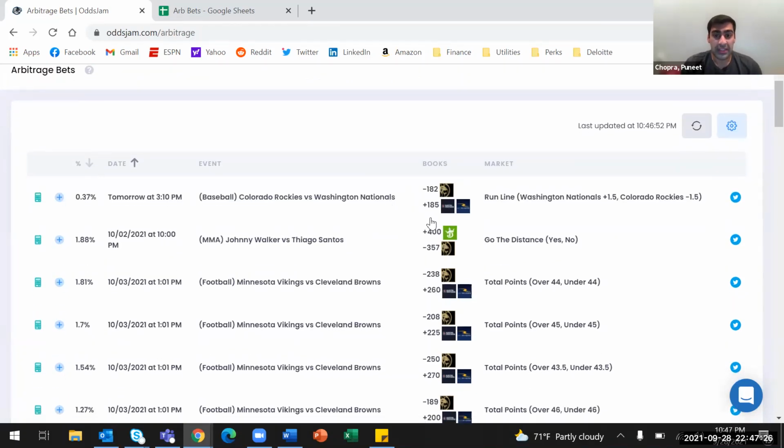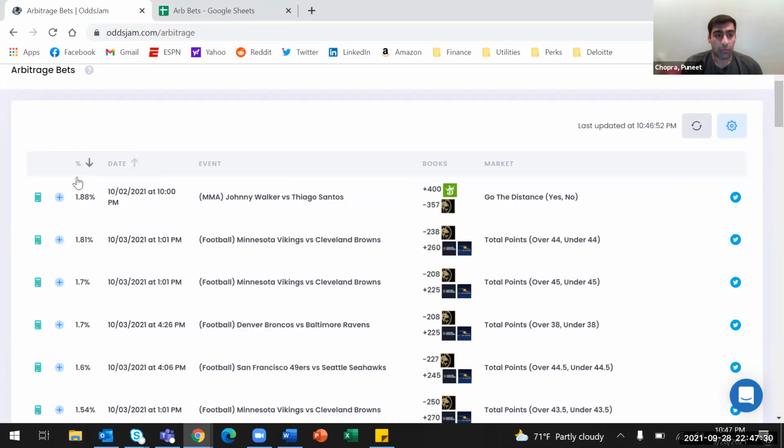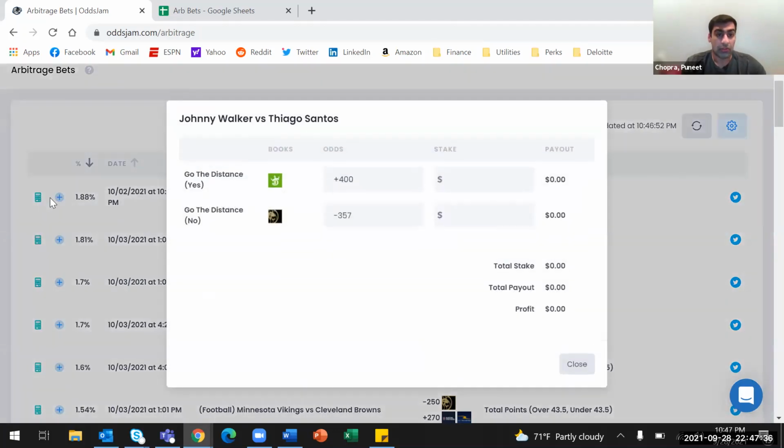So as you can see here, for example, we'll sort first by the highest return. Once you open this up, you have a fight, Johnny Walker versus Thiago Santos. Now, DraftKings has this at plus 400 odds, meaning if you put in $100, you will return $500.